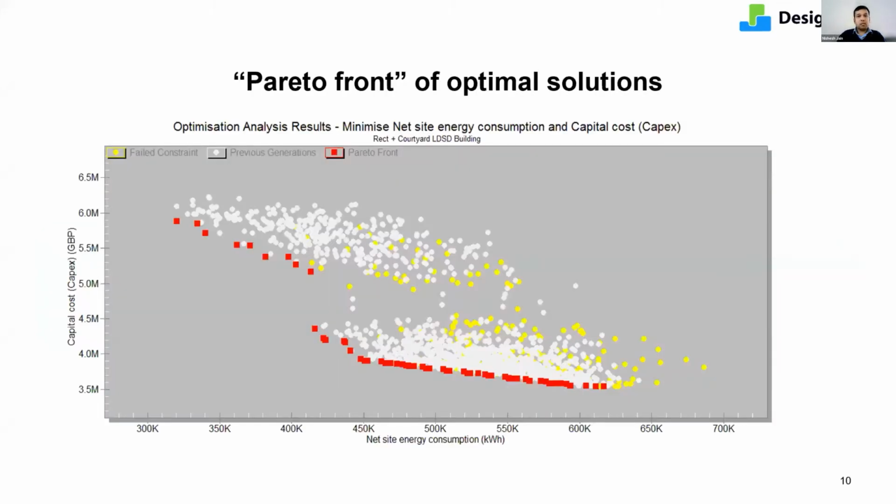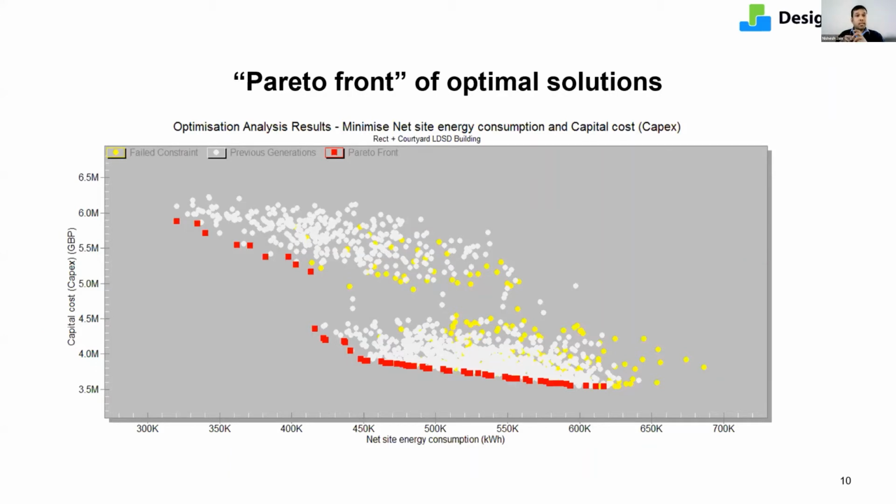So this is the Pareto optimal front, which gets created, which lists the optimal solutions, shown as red dots at the leading edge of the cloud of points. The result shows all the different combinations, with each point indicating the performance of each simulation run and representing a different combination of variables.